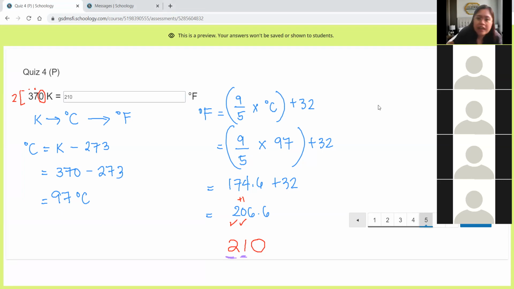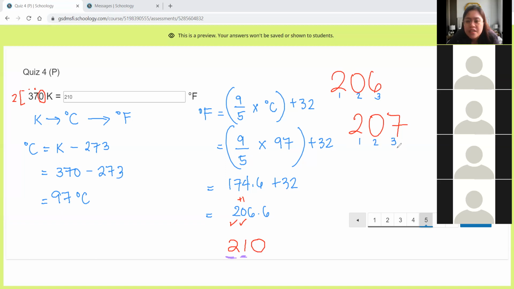By the way, class, it cannot be 206. If we look at 206 or even 207 and count the significant figures, we have 1, 2, and 3. The 0 is considered significant because it is in between. The same thing goes for 207.